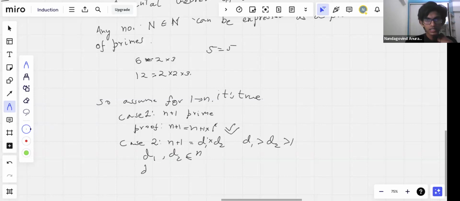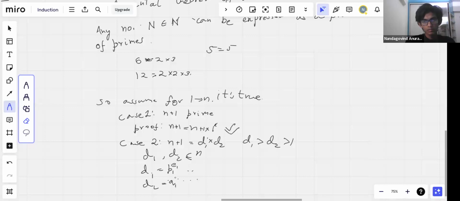So we can express d1 as p1 to the power e1 and so on, and d2 as q1 to the power f1 and so on. Then n plus 1 is just p1 to the power e1 and so on, times q1 to the power f1 and so on.